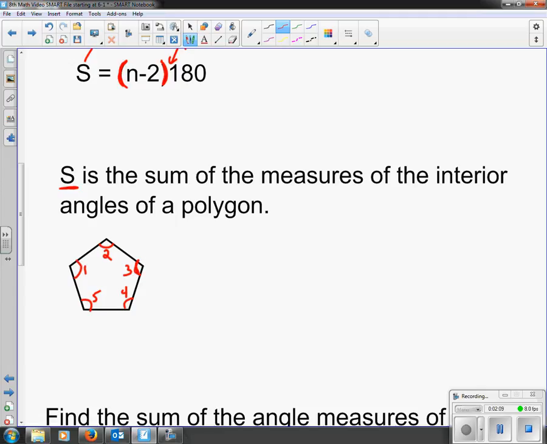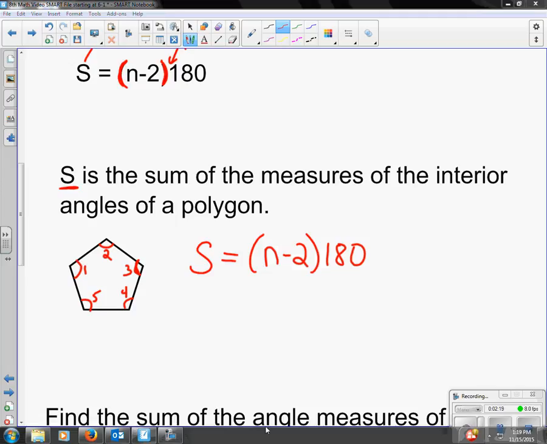That's what I want to know. So S would be the sum, n minus 2 times 180 degrees. That's just the formula, so memorize it. n is the number of sides on your polygon.